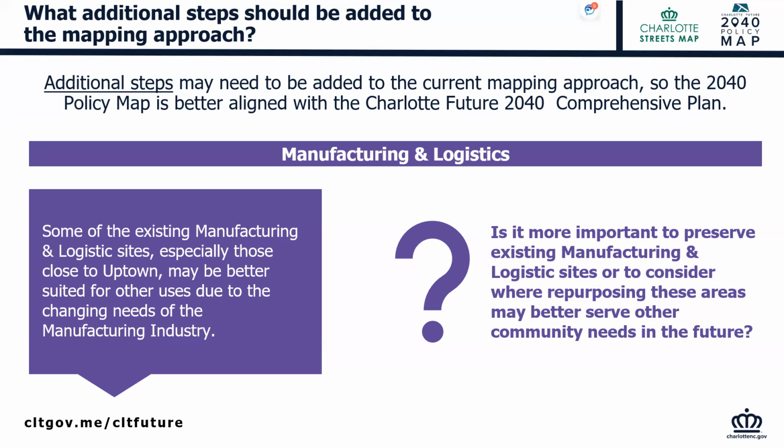Off the airport has been more distribution centers in the past. I think BASF is over there, so there is some chemical stuff in that area too. But I do think the city should look at repurposing some of that stuff. Okay, no, definitely make a note of that.